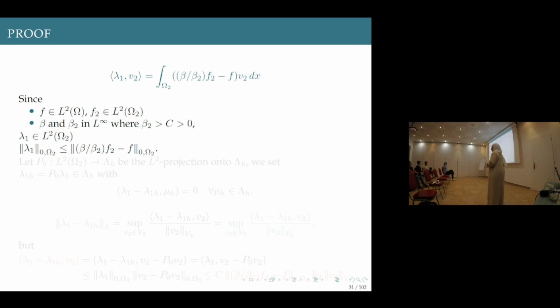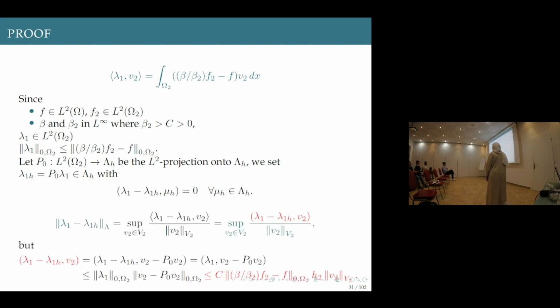Now we want to find the best approximation of lambda 1. We want to find lambda 1h that best approximates lambda 1. We will define an L2 projection that maps something in L2 into lambda h, and we choose our lambda 1h to be the projection of lambda 1. Obviously, the duality of lambda 1 minus lambda 1h and mu h is 0.